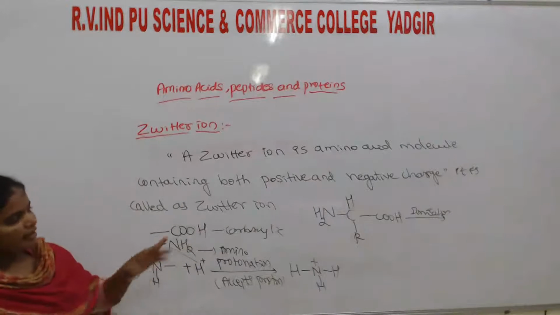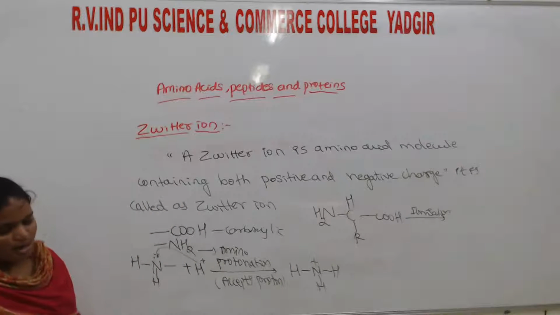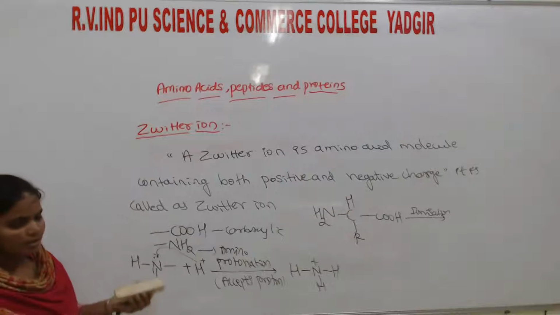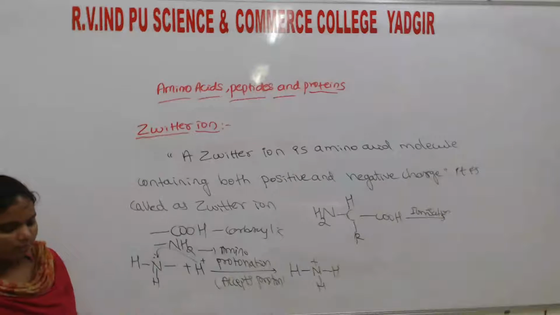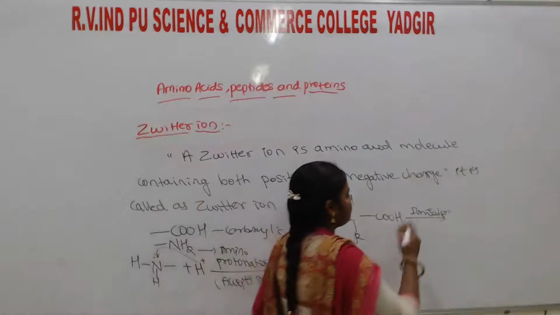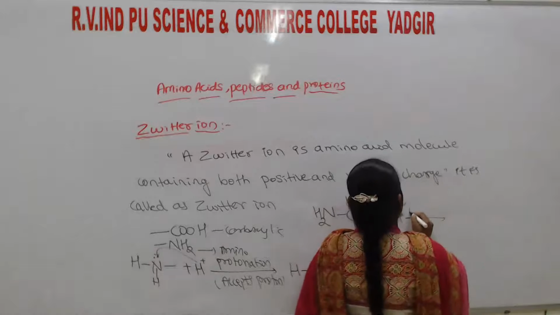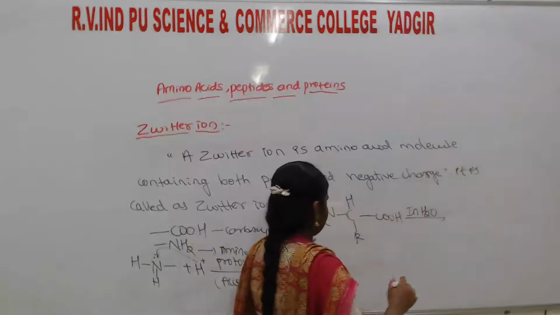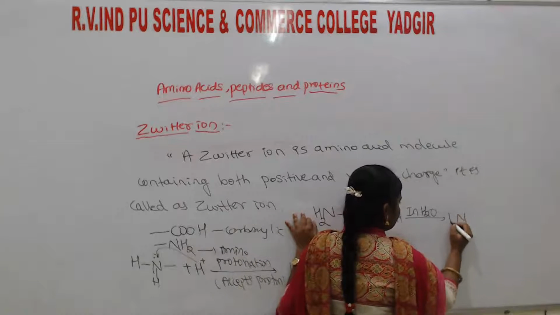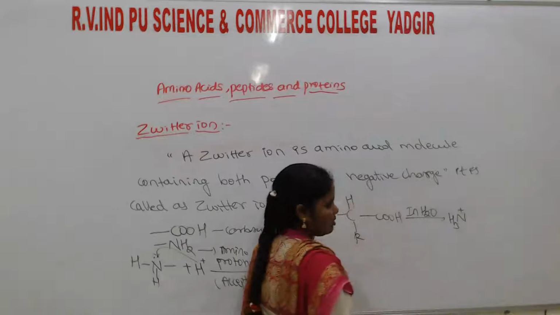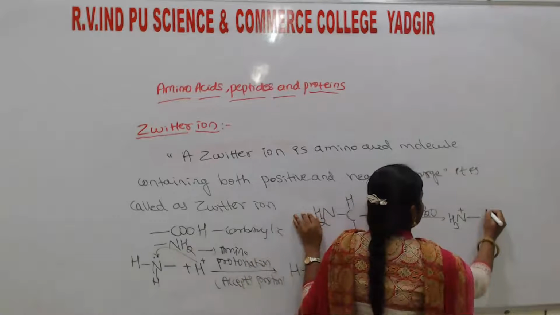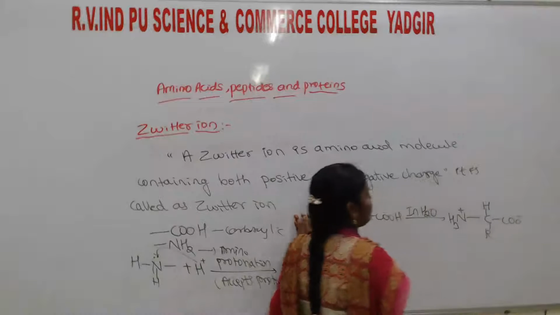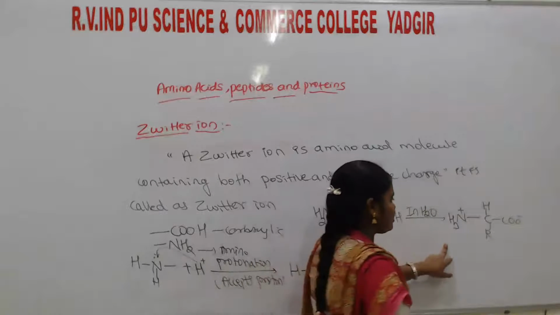It gets NH3 plus and COO minus, losing the proton. In water the formation is NH3 plus CH2 COO minus. This is known as a Zwitter ion.